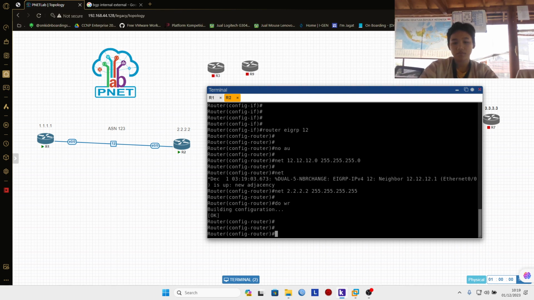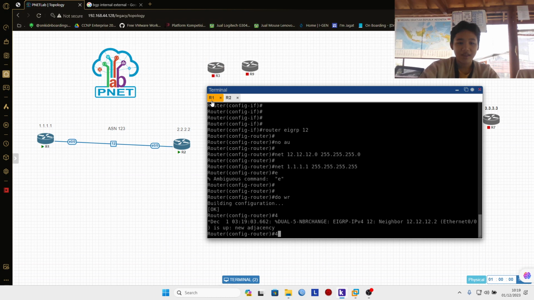After that, we enter router BGP. The AS is 123, the tree is router.